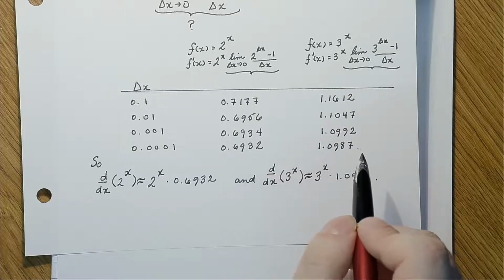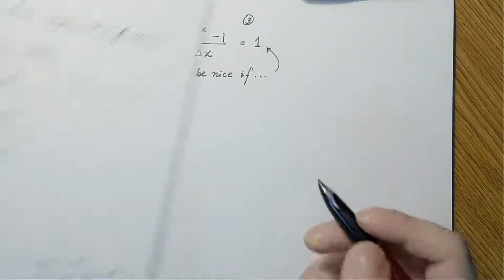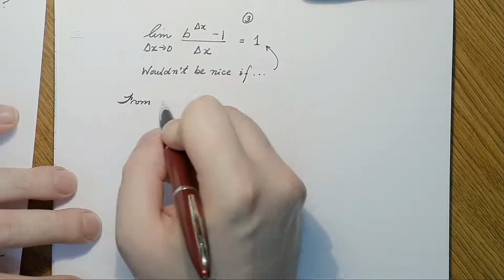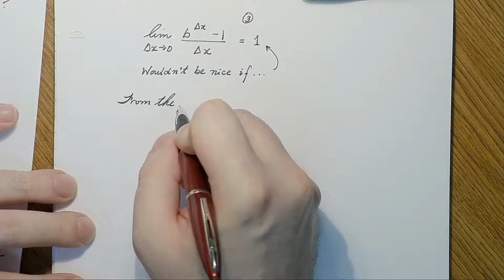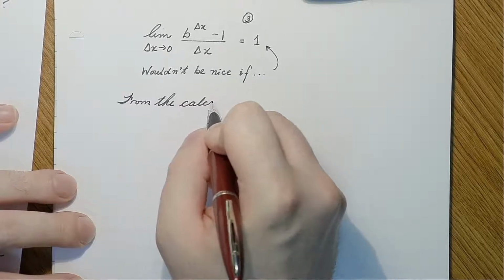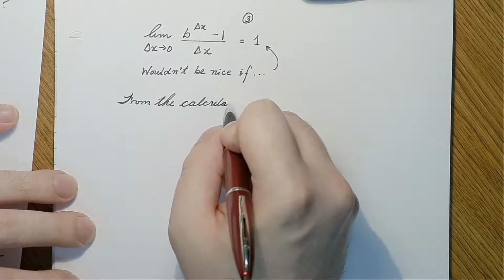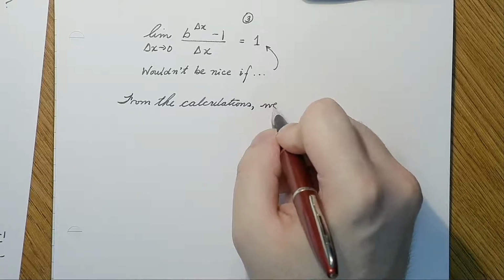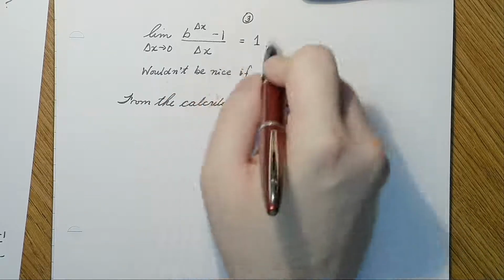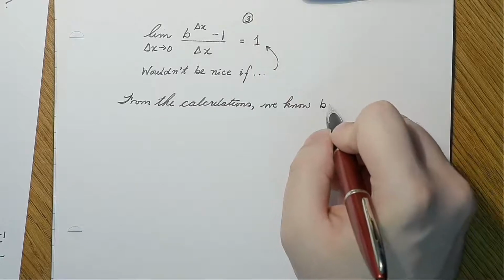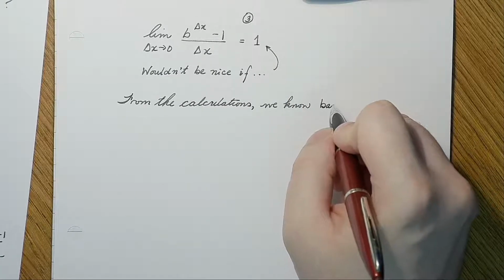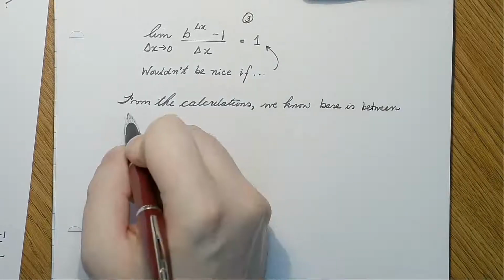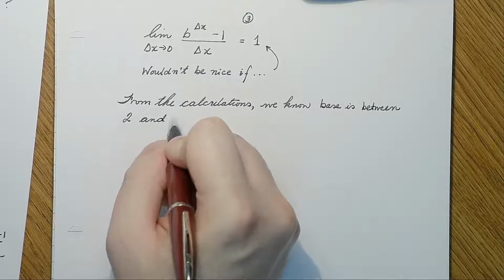So it has to be between 2 and 3. From the calculations, we know that to get this to equal 1, the base is between 2 and 3.